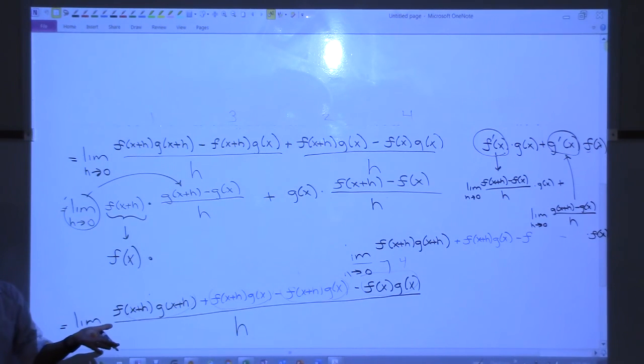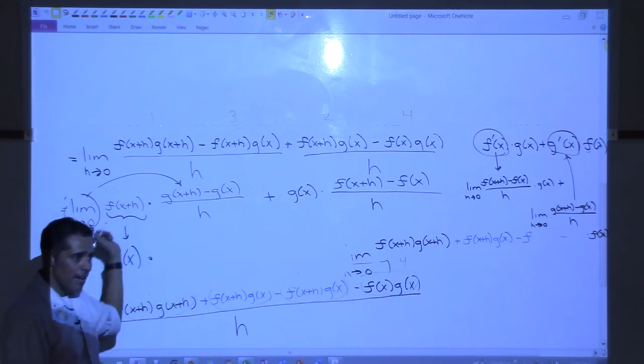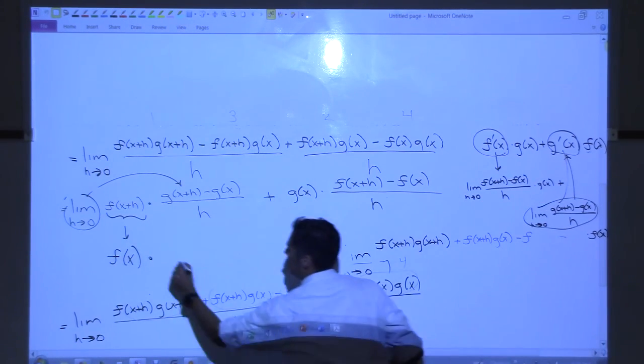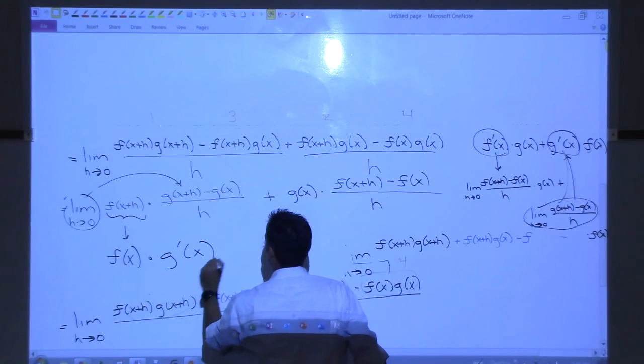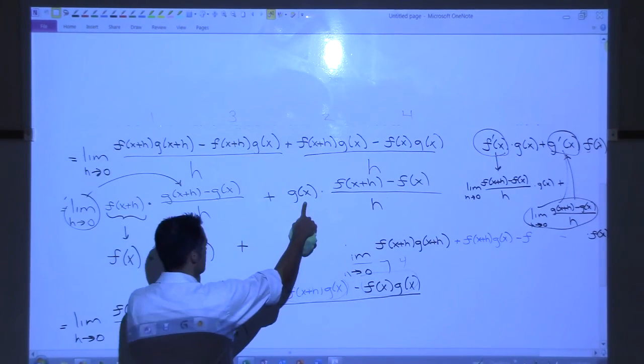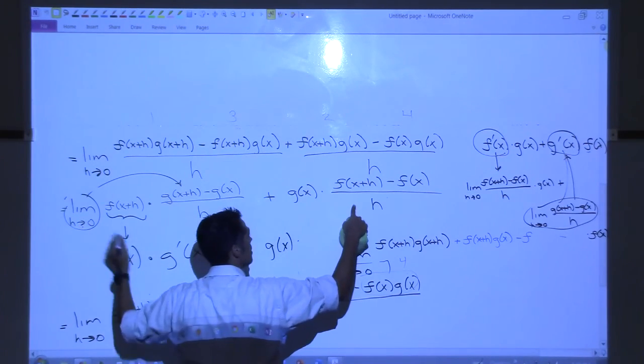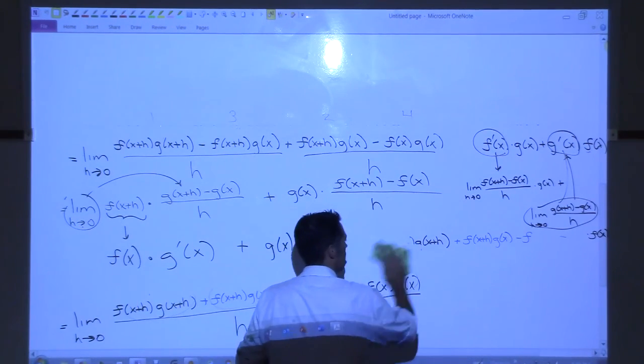By definition, what is that? G prime. That's the derivative of g, by definition, right? Didn't you say that right here? That is that. Okay, so that's g prime of x plus g of x times, what's that when I let h go to 0? What's the definition? That's f prime of x.